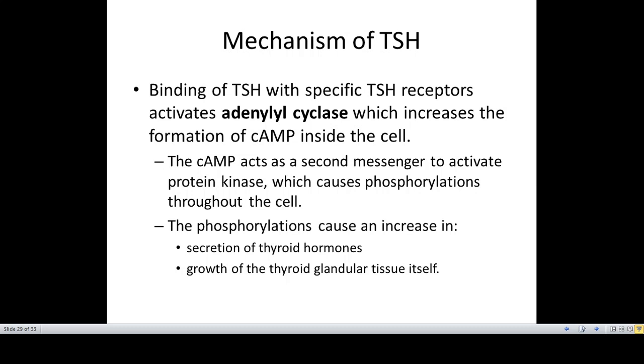This cyclic AMP acts as a second messenger to activate protein kinase A, which causes phosphorylations throughout the cell. These phosphorylations cause an increase in the secretion of thyroid hormones and in the growth of the thyroid glandular tissue itself.